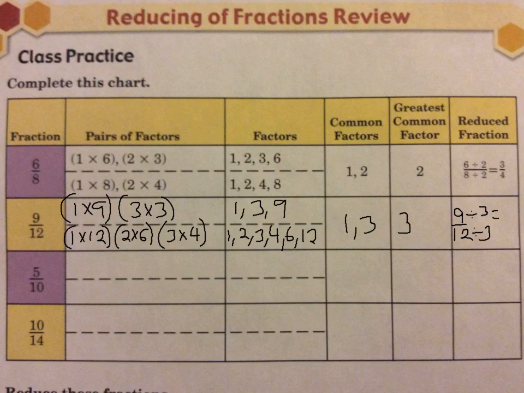Nine divided by 3 is 3, and 12 divided by 3 is 4. So our reduced fraction is 3/4.